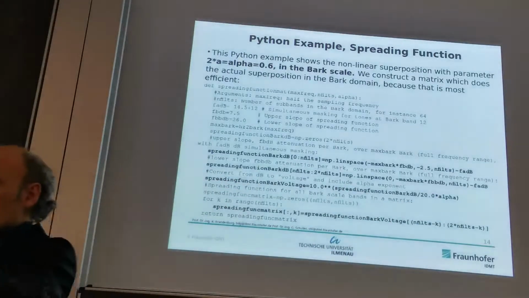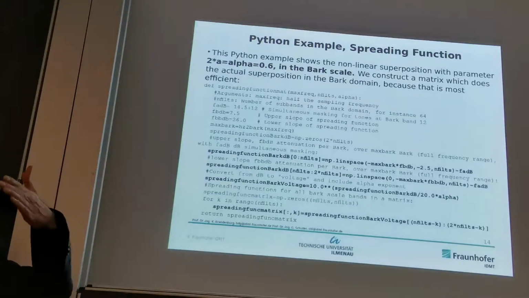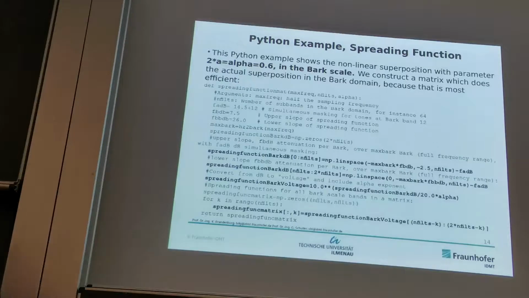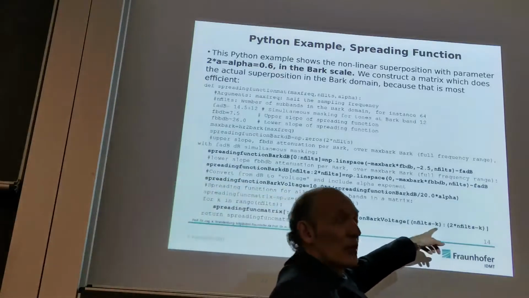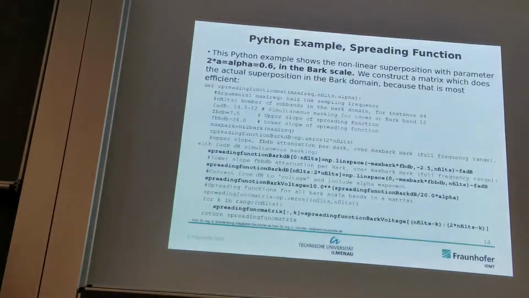So each column now contains a slightly shifted spreading function. Make sense? Overall, all these spreading functions are not fixed. They really depend on the audible environment, and on the ear. So here I have shifted prototypes in this matrix, and these prototypes are now multiplied by the loudness of our sinusoids at each Bark subband.